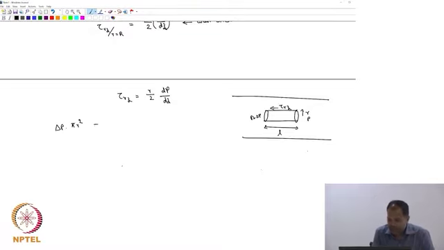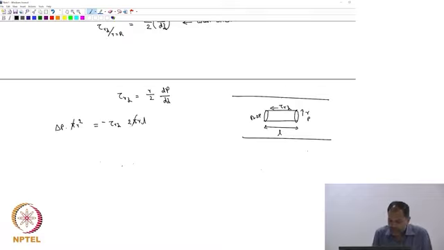It has to be equal to what? Tau r z, which is force per unit area. So, I should multiply by area to get the force, but it is acting on the circumferential area, which is 2 pi r l, and with a negative sign because it is acting in the other direction. So, what happens if you simplify this?